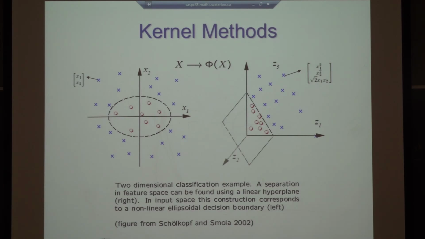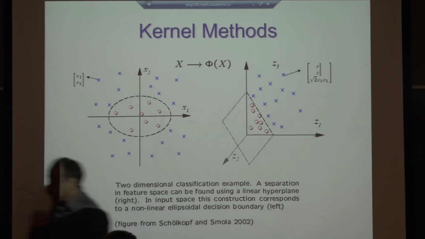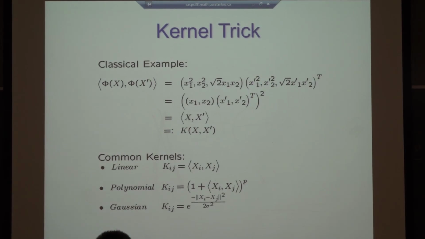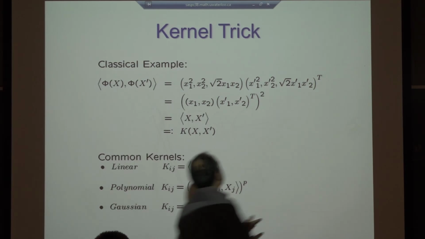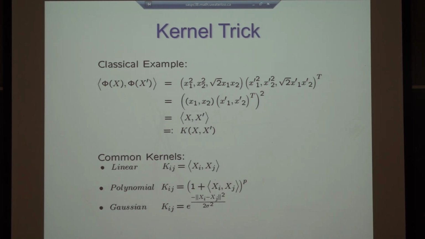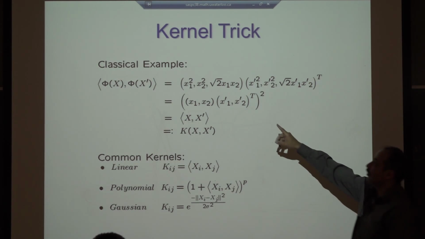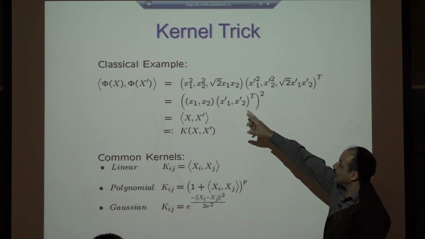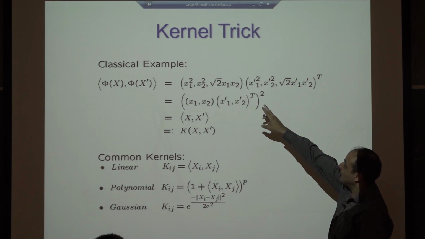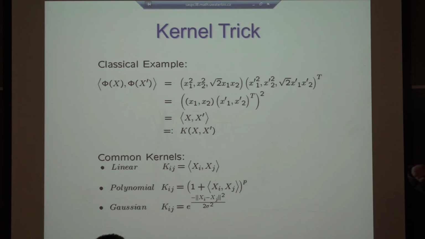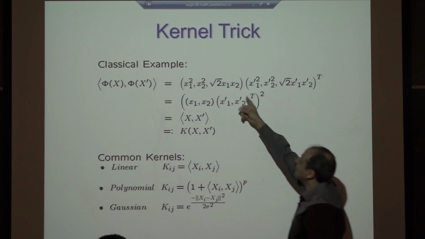Okay? As I said, we can do this implicitly. In this particular case, this phi that we introduced was x1 squared, x2 squared, and square root of 2 x1 x2. Now compute the inner product between these two vectors.